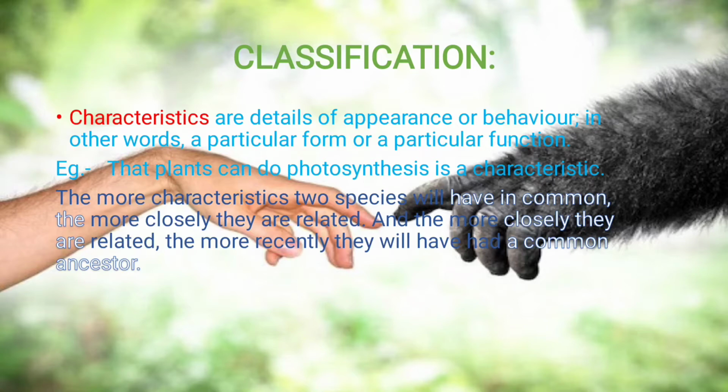The more characteristics the species have in common, the more closely they are related. So we do the classification on the basis of their characteristics. We group the species, we classify them into similar groups by the features they have, by their appearance or by their behavior.